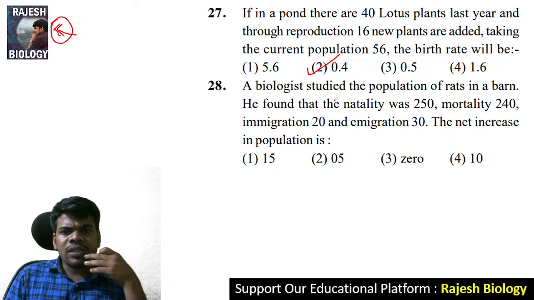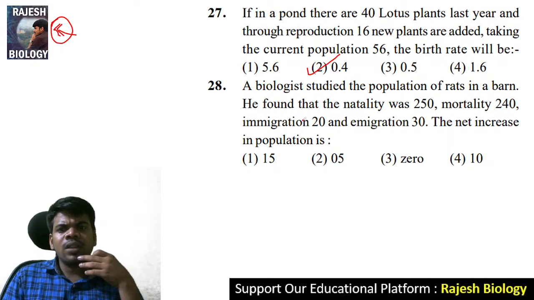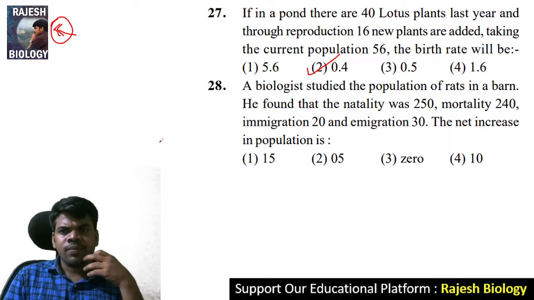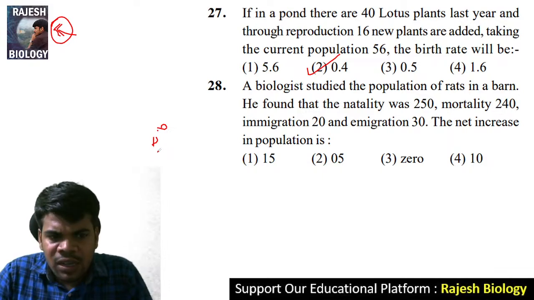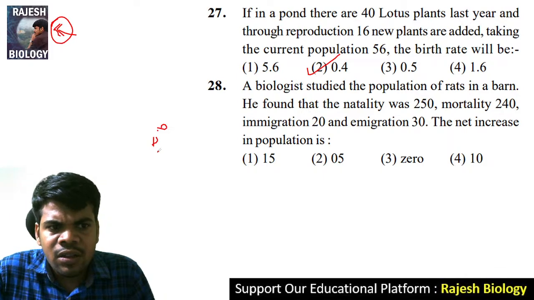A biologist studied the population of rats in a barn. He found that the natality was 250, mortality was 240, immigration was 20, and emigration was 30. The pen is not supporting me to draw that formula and mathematical things on the screen.